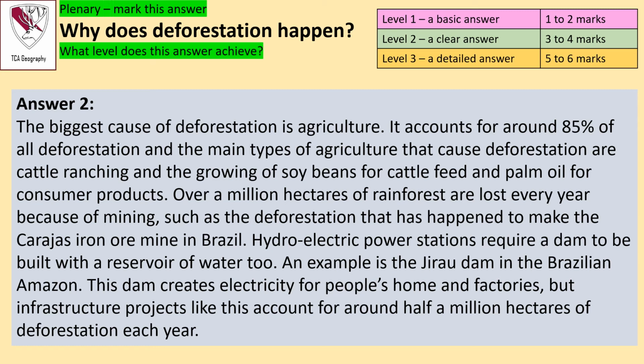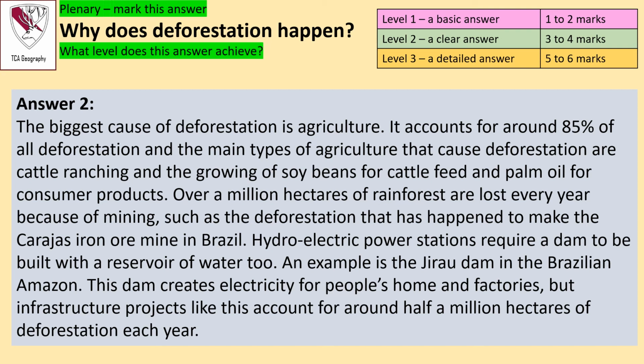Hydroelectric power stations require a dam to be built with a reservoir of water too. An example is the Jirau Dam in the Brazilian Amazon. This dam creates electricity for people's homes and factories, but infrastructure projects like this account for around 500,000 hectares of deforestation each year.